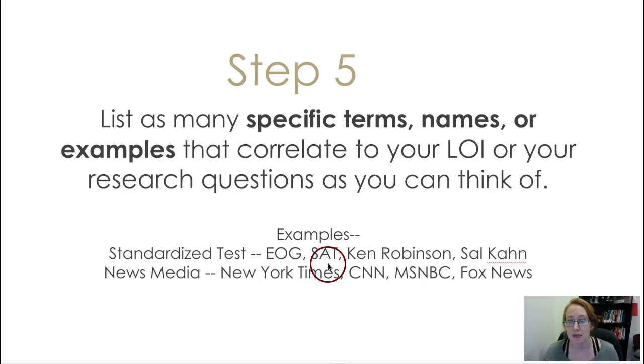So SAT, maybe specific researchers' names to see if they have any other results or publications you might be able to use. Ken Robinson, Sal Khan. If I were thinking about news media, I might look at New York Times, CNN, MSNBC, Fox News. Again, for the same reasons. There might be an article that's specifically about the media or by a specific researcher, and it's just going to get buried. So if you're stuck, you can always switch things up to get at something different.